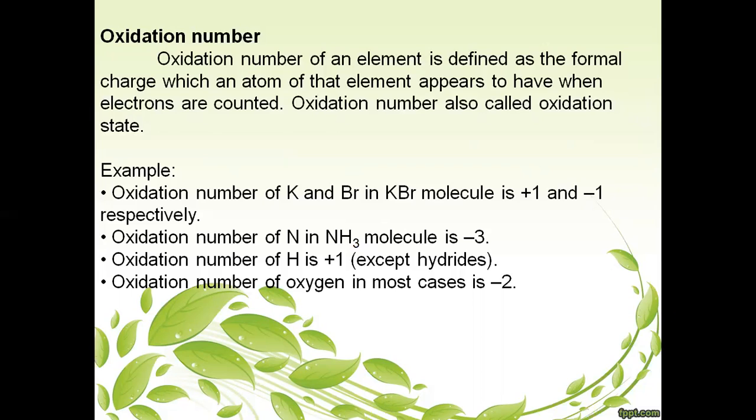Next, the oxidation number of N in NH3. Nitrogen accepts or gains 3 electrons, so it is a negative ion, -3. Next, the oxidation number of hydrogen is +1, because in most places it loses an electron, so it is a positive ion.